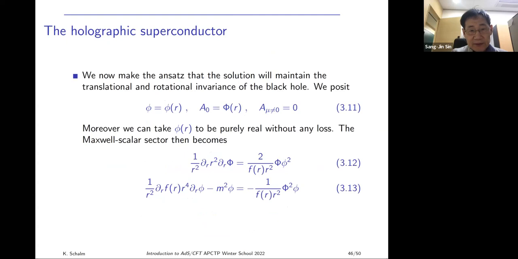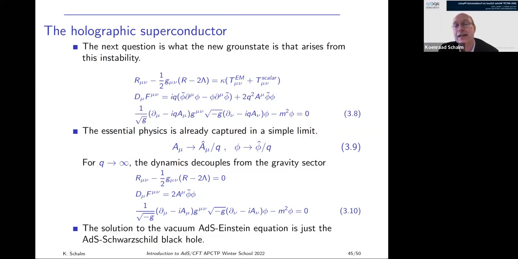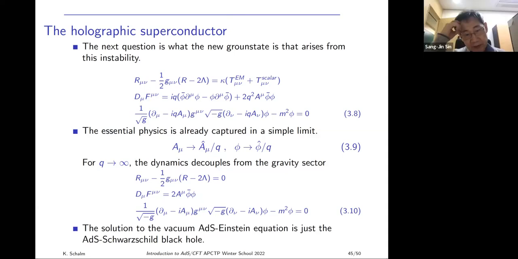Could you go back one page? So here in the large q, q is what? It's basically the electromagnetic coupling constant. So what you are saying here is q goes to infinity, that the electromagnetic coupling is dominant.